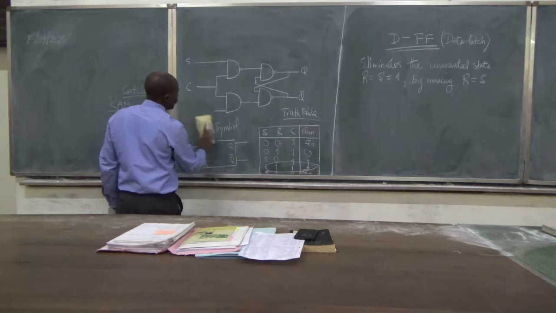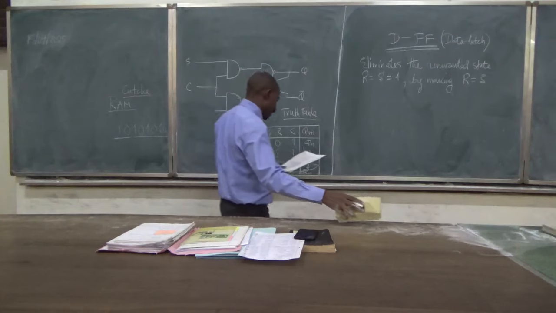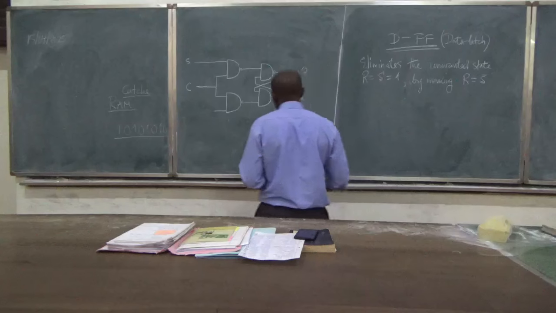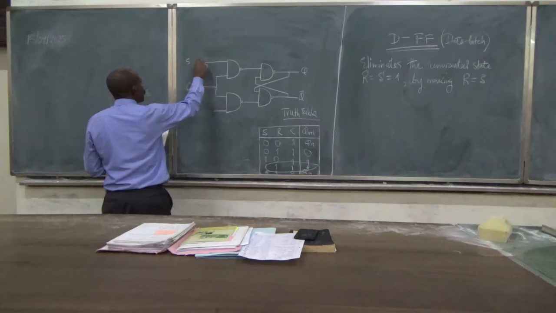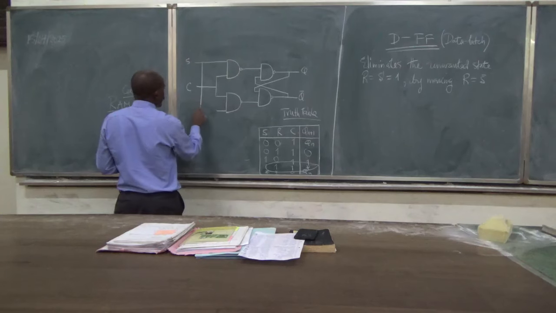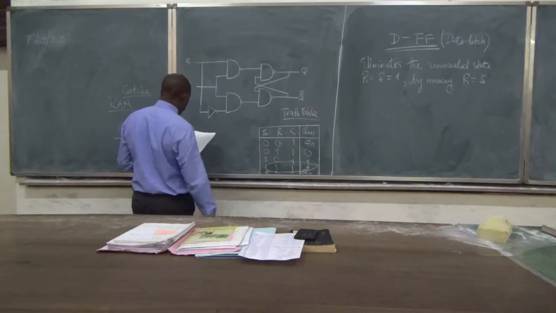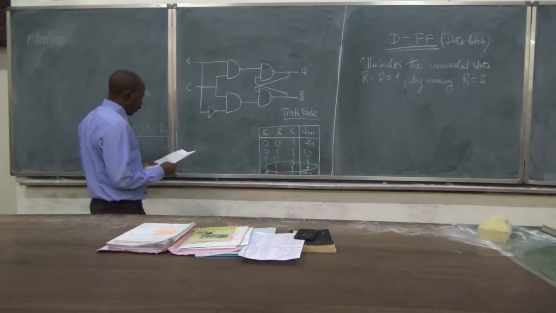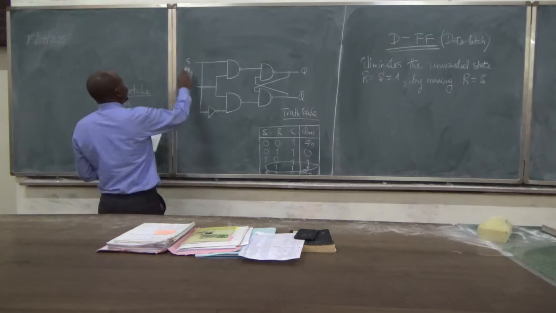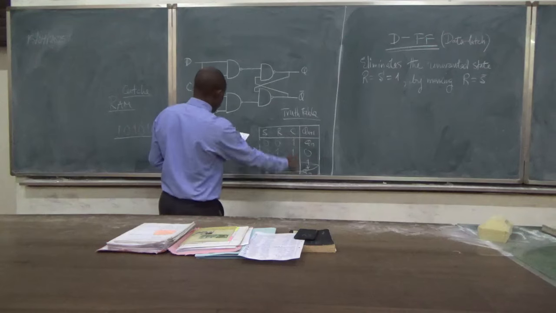I will have the clock go this way, and then have the NOT gate here, and feed in there. Then I'll have this one as D, and the rest is the same.